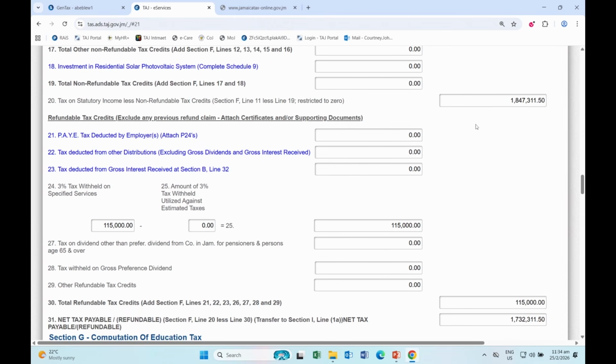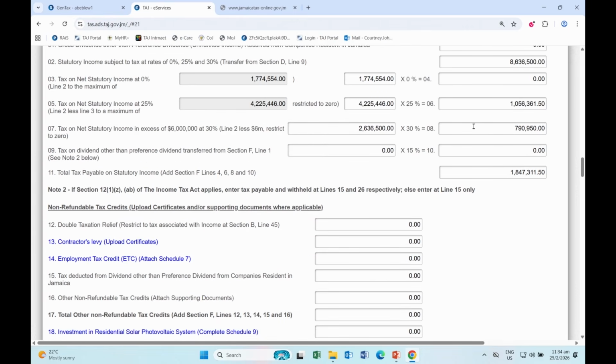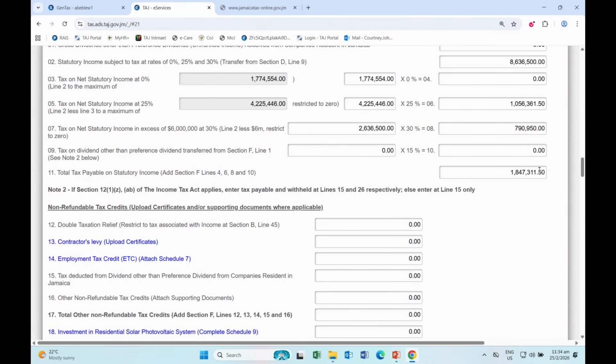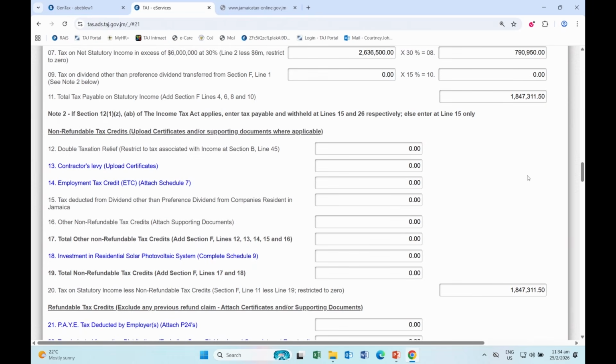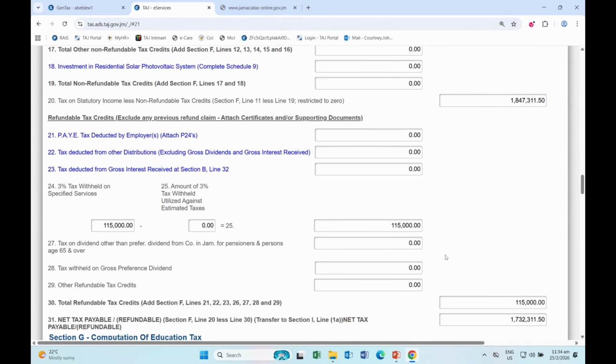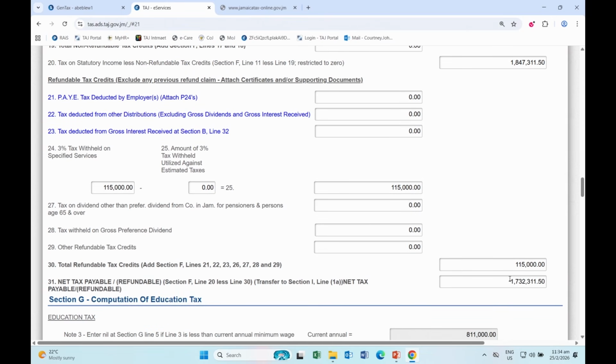Now, because he had paid income tax on specified services, there was 3% taken from him that would go towards the income tax that he would pay at the end of the day. So instead of him paying this $1,847,311, we have to factor in the $115,000 that was taken as specified service. So when we remove that, the income tax that he'd be liable to pay is $1,732,311.50.